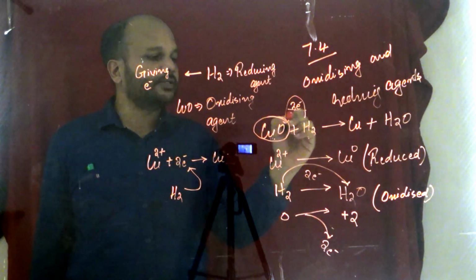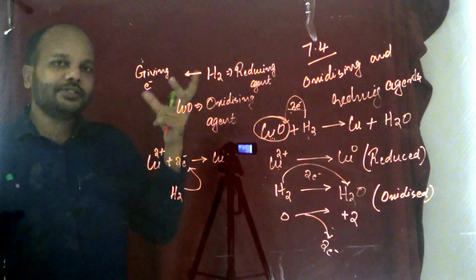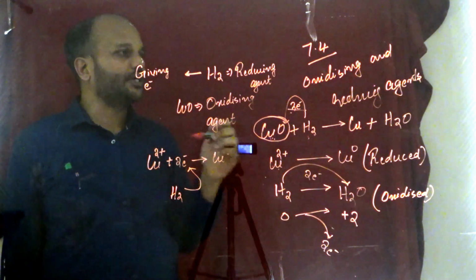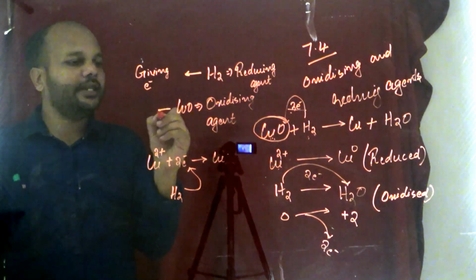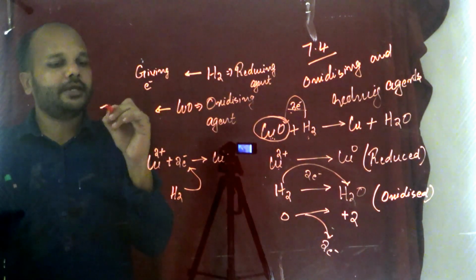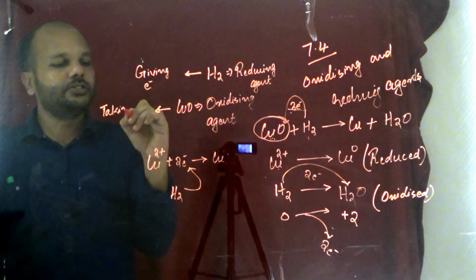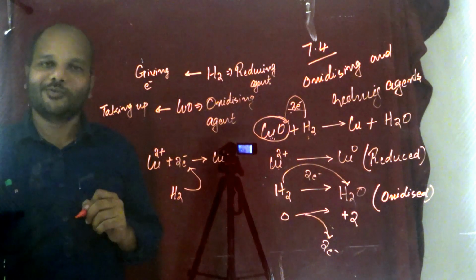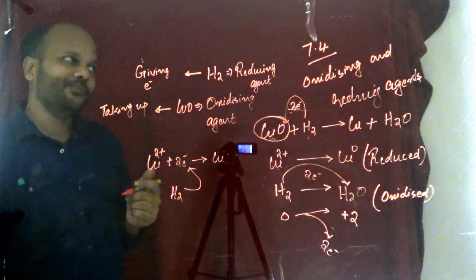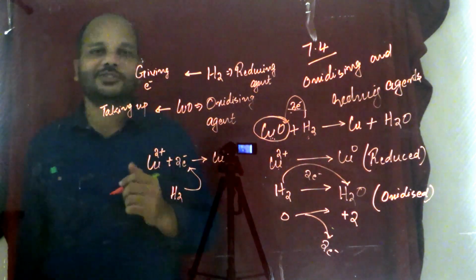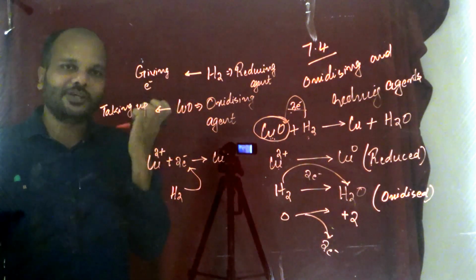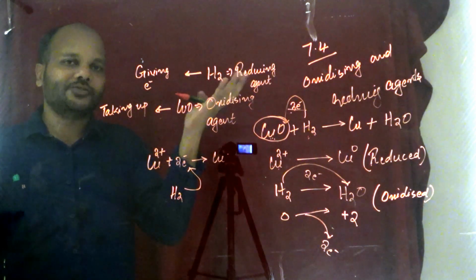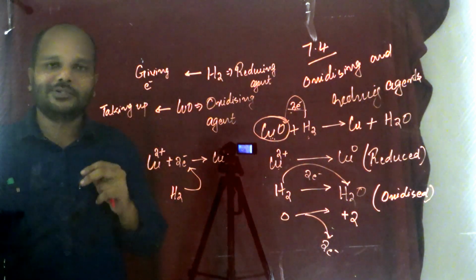So any agent which is taking up electrons, for example copper oxide here, is an oxidizing agent. So the formal definition of an oxidizing agent is the agent which is receiving electrons. A reducing agent is one which is giving electrons. Please keep this concept in mind.